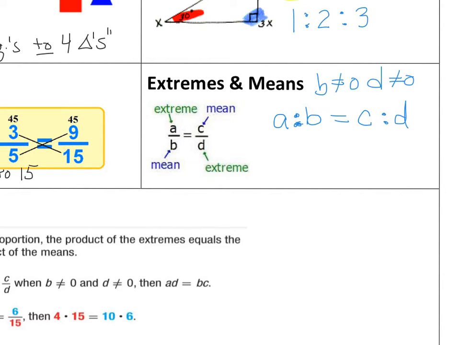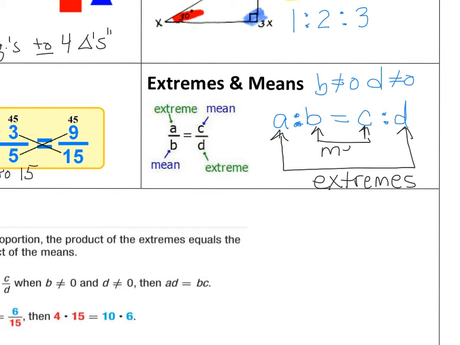When you write the proportion out this way, horizontally, it becomes easier to see what are the means and what are the extremes. So the outside values, A and D, are the extremes. They're on the outside. And the inside values, B and C, are called the means. This word mean, you know of it already.